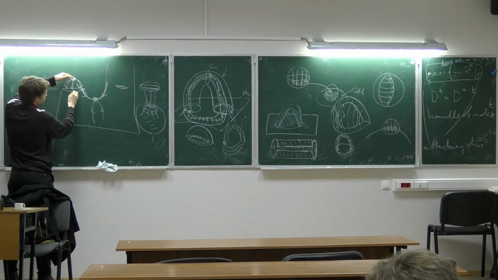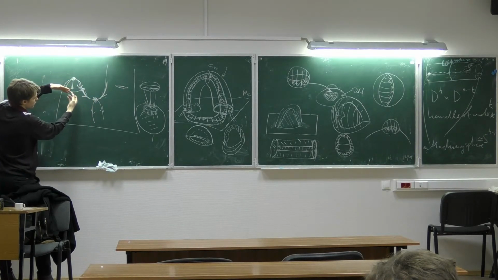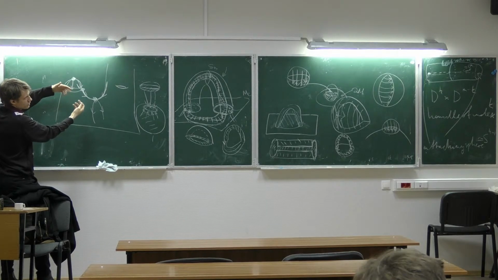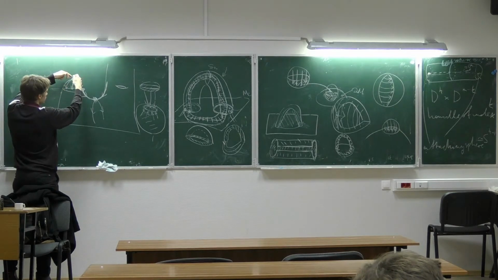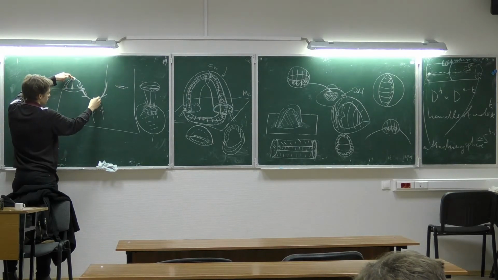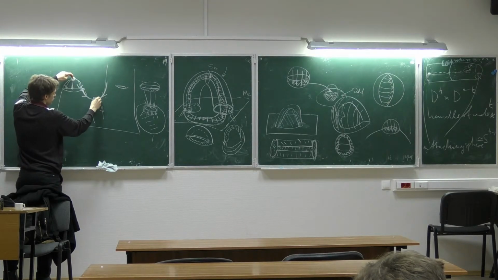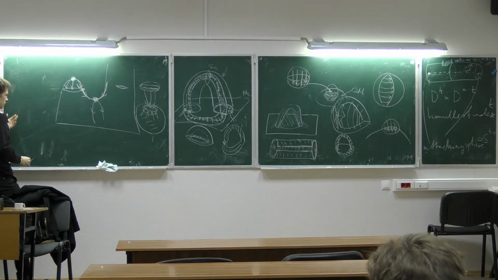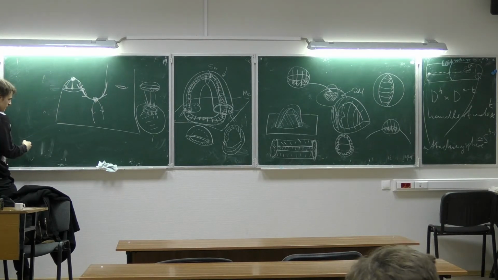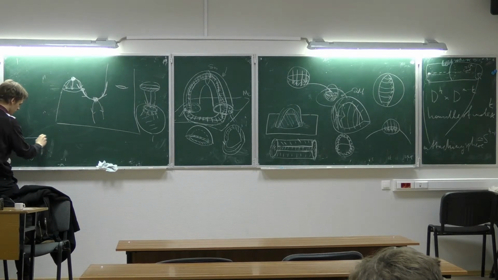So this is this part, and the intersection of these two spheres is transversal and precisely one point. This means that there is precisely one trajectory that falls from this point to this point, and these points have nearby indices.